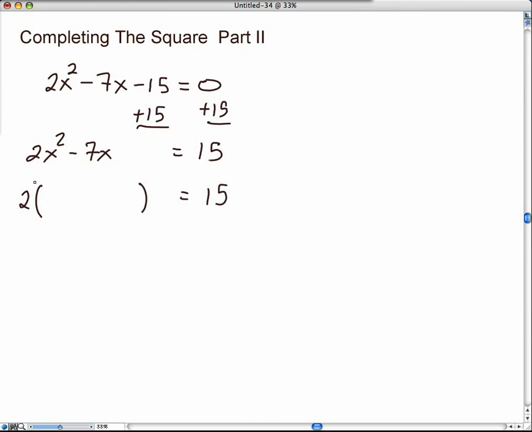But if your teacher is not graphing and is not doing this step, some teachers will just divide by 2. So when I factor out a 2, I have x squared here, because 2 times x squared gives me 2x squared. 2 times something will give me negative 7x. The trick here is, because this one's odd, and 2 doesn't go into an odd number very nicely, I need a negative, because 2 times something will give me a negative 7x.